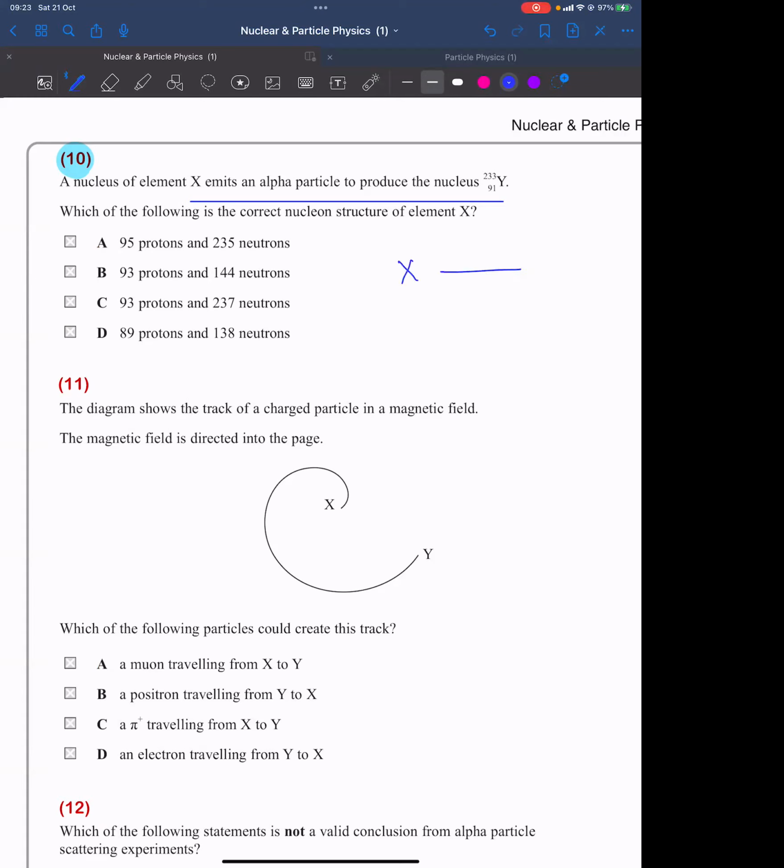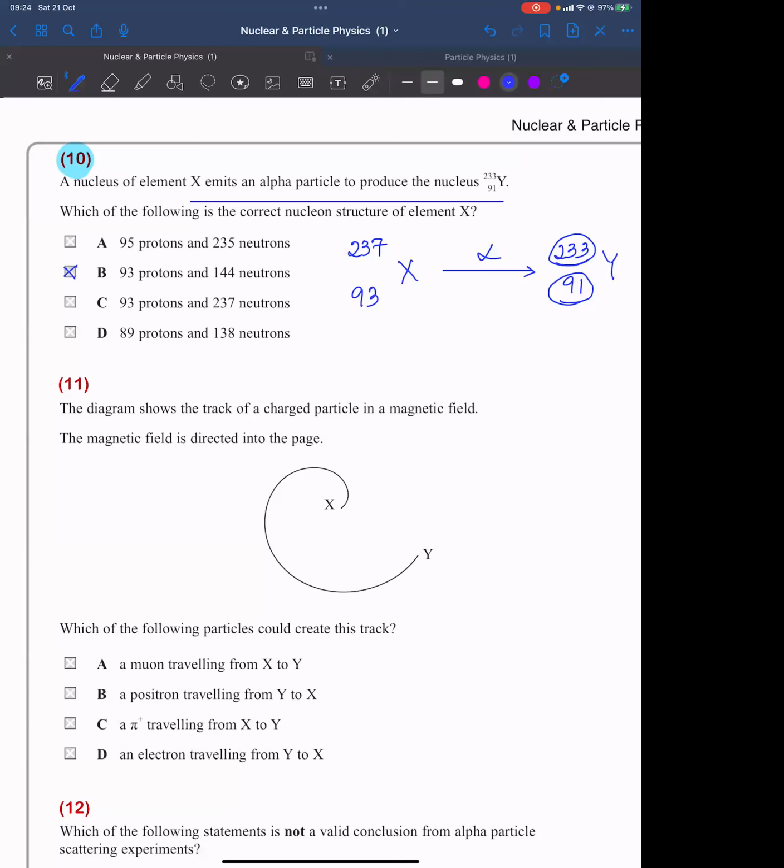So guys, after emitting an alpha particle, you have got 233 91 Y. When you emit an alpha particle, from your O levels, you know the proton number decreases by 2 and the nucleon number decreases by 4. So 233 here means it should be 237 here, and 91 here means it should be 93 here. That means it should have 93 protons and the number of neutrons will be 237 minus 93, which is 144.